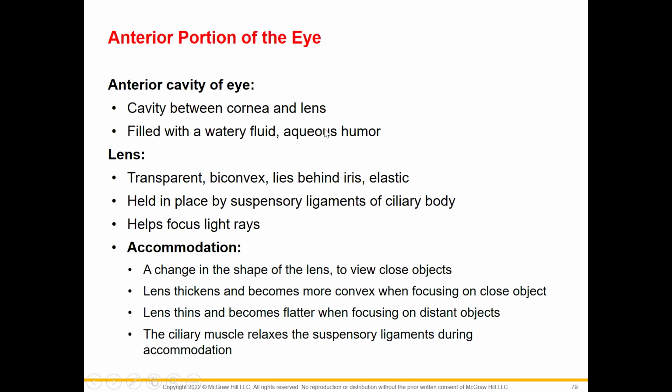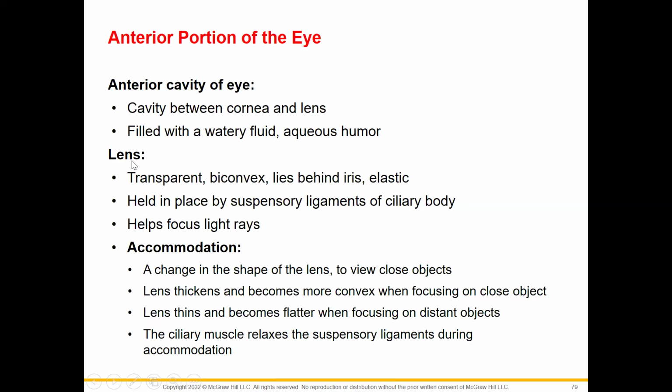Aqueous, please look that word up. You need to know the definition. Aqueous refers to water, something that's watery. Humor is a fluid in the body. I know when we look at the word humor, we think humor, funny, but in old medicine, they called the fluids of the body the humors of the body. And this one is an aqueous humor.